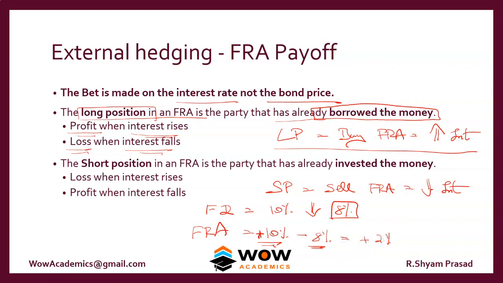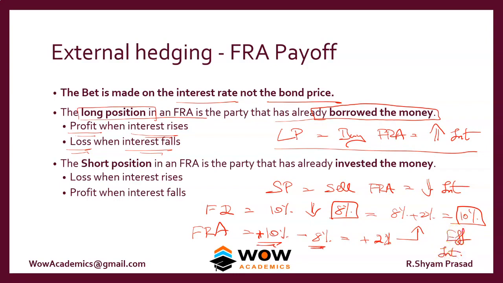So you have sold it at 10, you are buying at 8. Okay, so you have made a profit of 2%. The actual interest rate has fallen, so the FD will give you 8%, but the FRA profit is 2%. So put together, you have got the 10% interest. So that is your effective interest.